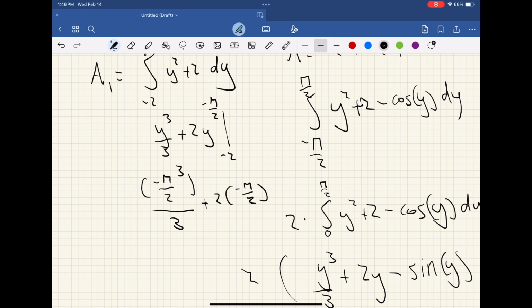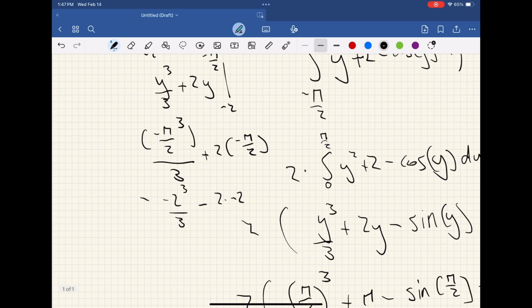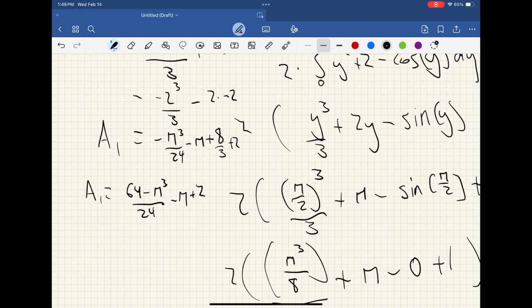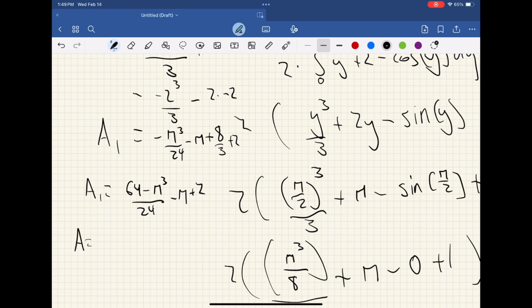And then we're going to do minus negative 2 cubed over 3 minus 2 times negative 2. Simplify that down. So simplifying that down, we're just going to get A1 equals 64 minus pi cubed divided by 24 minus pi plus 2.